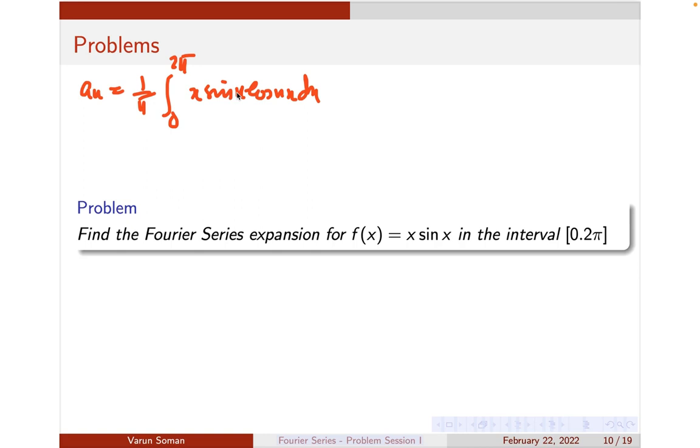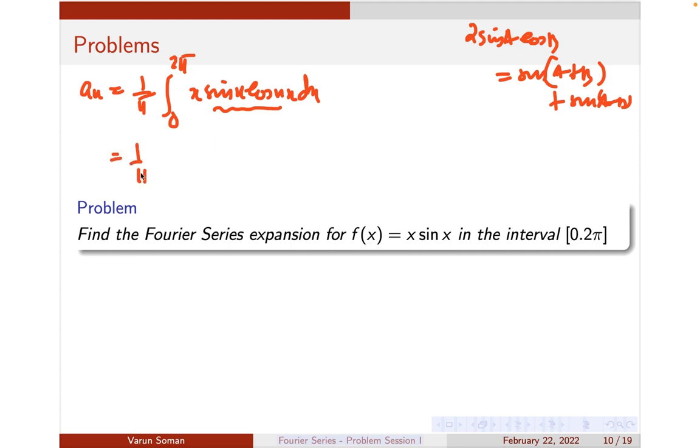So what you will do is use the product rule of trigonometric functions to convert this 3 product function into a 2 product function. You know the product rule of trigonometric functions: 2 sin a cos b is nothing but sin a plus b plus sin a minus b. If you know this formula, this integrand could be written as 1 by pi into integral 0 to 2 pi, think of this as 2 sin x cos nx, so it will be x into 1 by 2, because 2 is not there, so I have to supply 1 by 2.